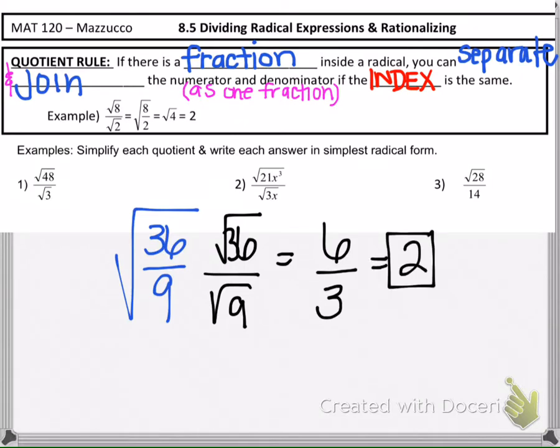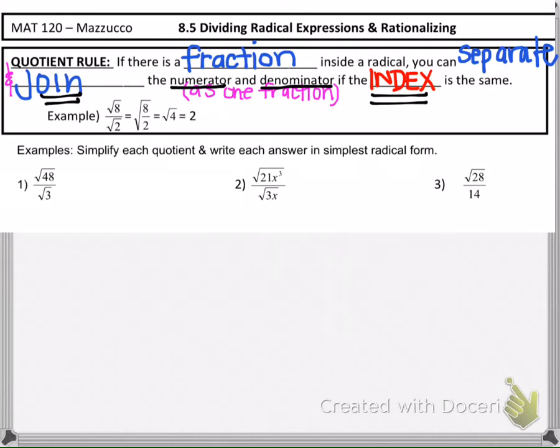Well, today we are also going to see that we can join numerators and denominators if the index is the same. So what that means is, in example 1, it says simplify each quotient and write each answer in simplest radical form.